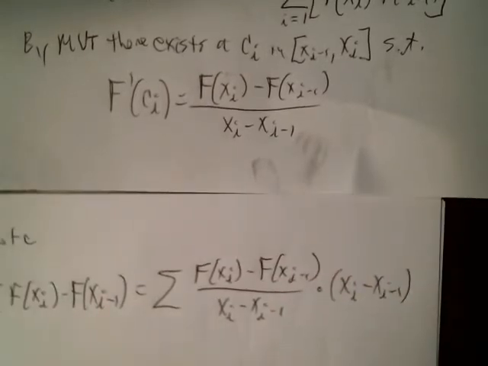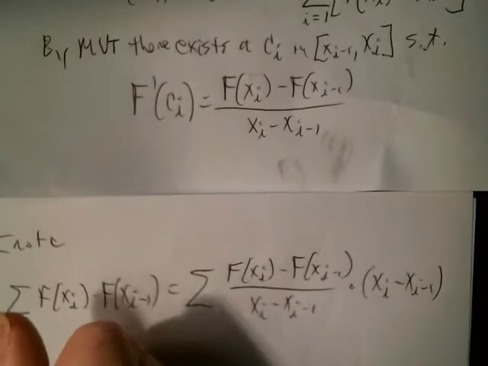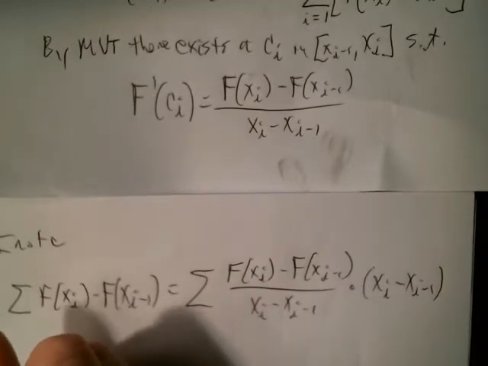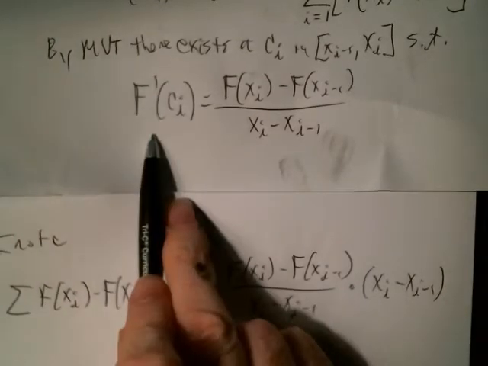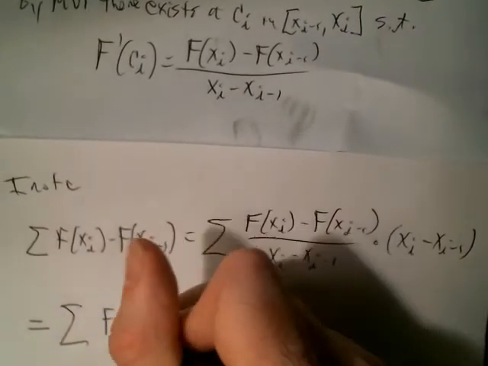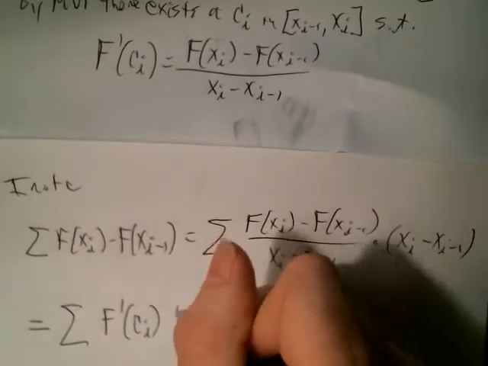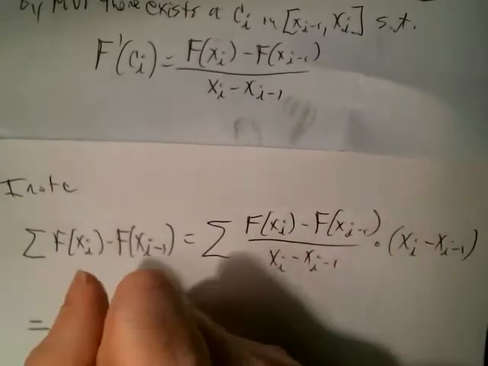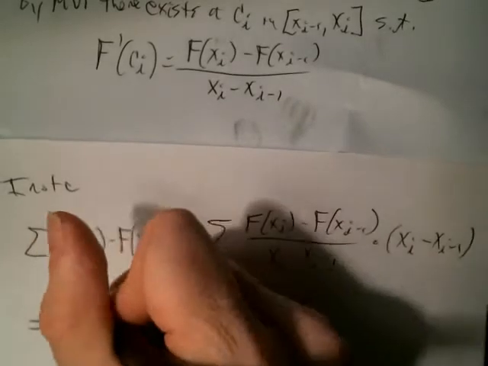And what's happening is you're getting this Riemann sum looking object, right? So this is equal to, and I can replace it now with this, the sum of F prime of c sub i times change in x sub i from i equals 1 to n.